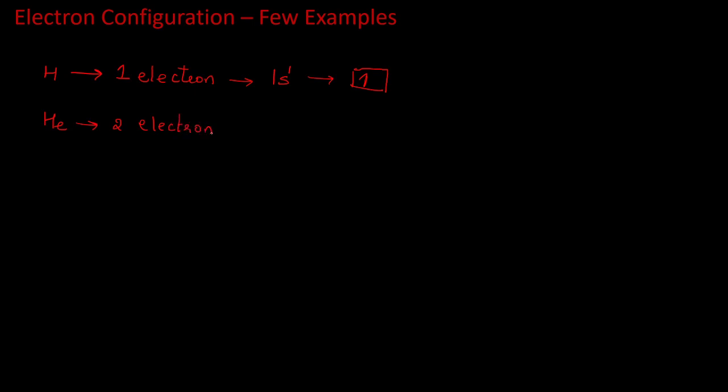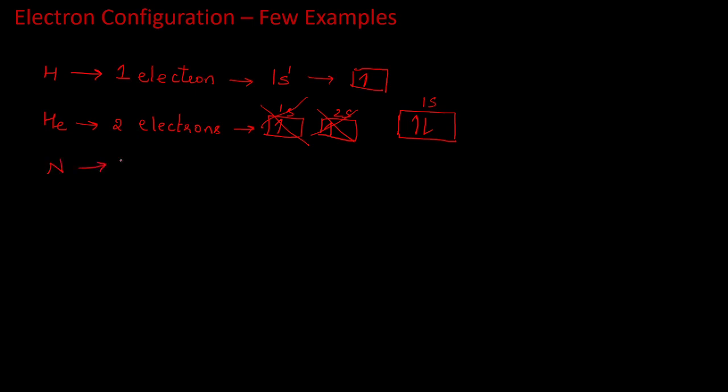It is not that one is in 1s and the other one in 2s. This will not happen, right? Always the first shell, the lower energy shell 1s, has to get filled with 2 electrons. So 1s2, right?